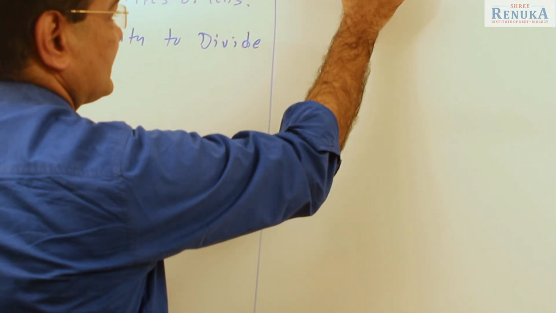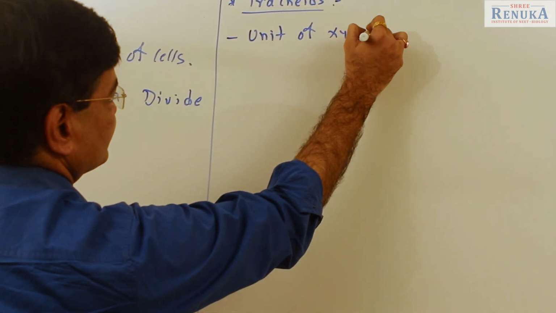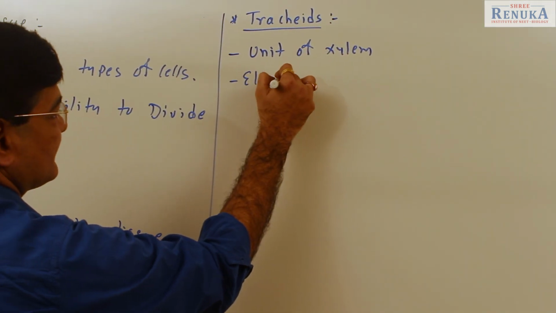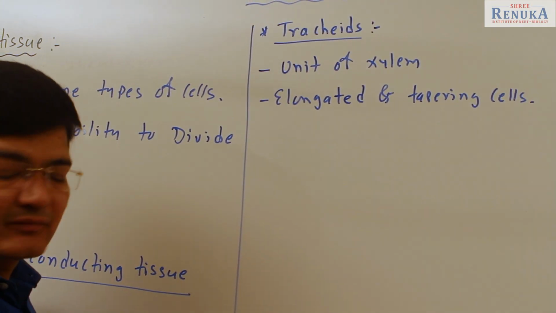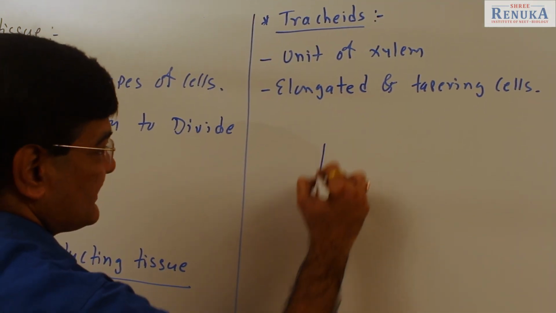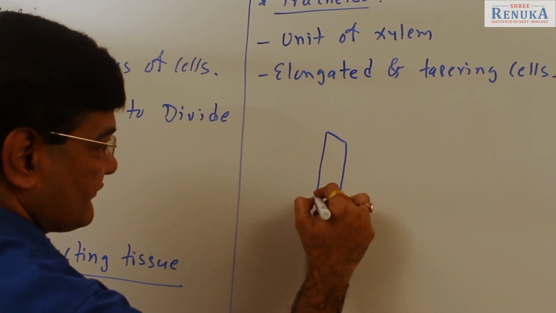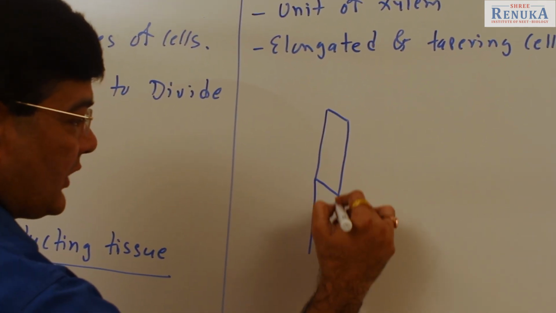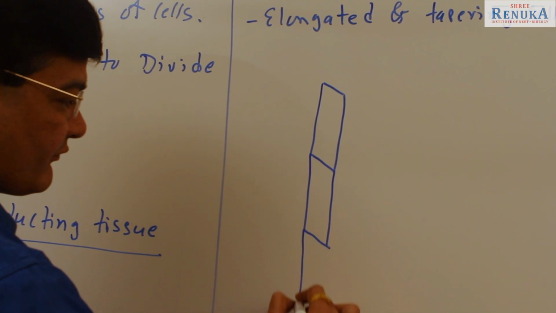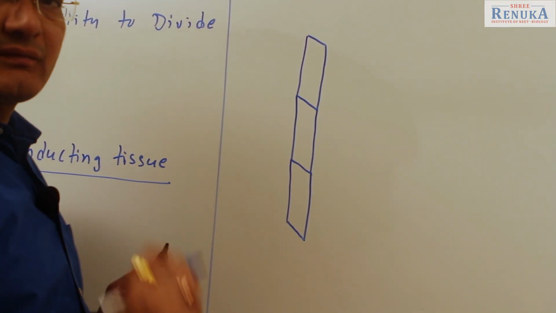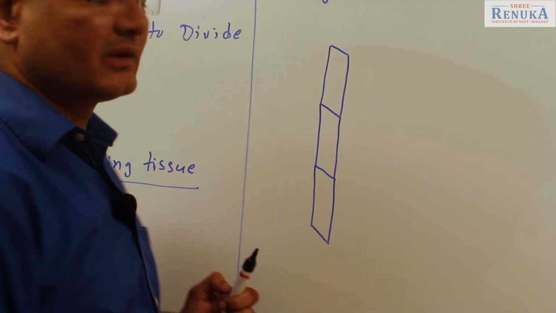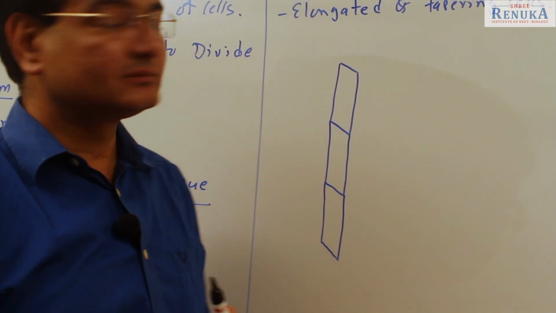Tracheids is the unit of xylem. These are elongated and tapering cells. Tracheids are unicellular structures which are arranged one above another like this. On the inner side of this wall, lignin deposition is found. This lignin deposition is of different kinds.